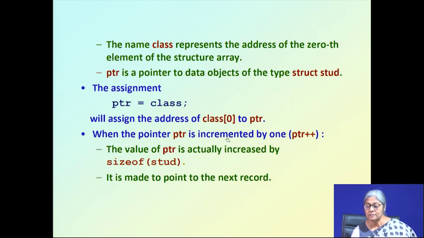When the pointer PTR is incremented by 1, PTR plus plus, the value of PTR is actually increased by the size of stud. So, now we know what the size of a structure will be. In the last class we read that the size of a structure is actually not the direct sum of the bytes of the member variables; it is after padding. So, the size of stud is that many number of bytes by which it will increase, because that is the scale factor for a structure.